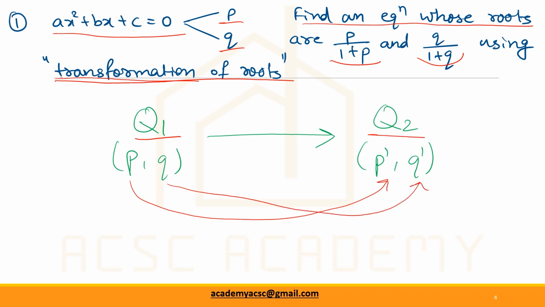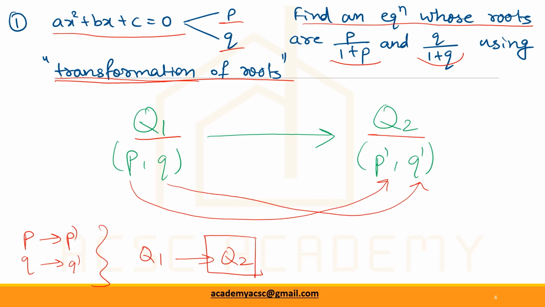So basically when we convert p into p dash and q into q dash, as a result the quadratic q1 also gets transformed into a quadratic q2. Basically this means that we find out q2, the new equation which will have the given roots. So this is what we mean by a transformation. You will be given an initial quadratic.